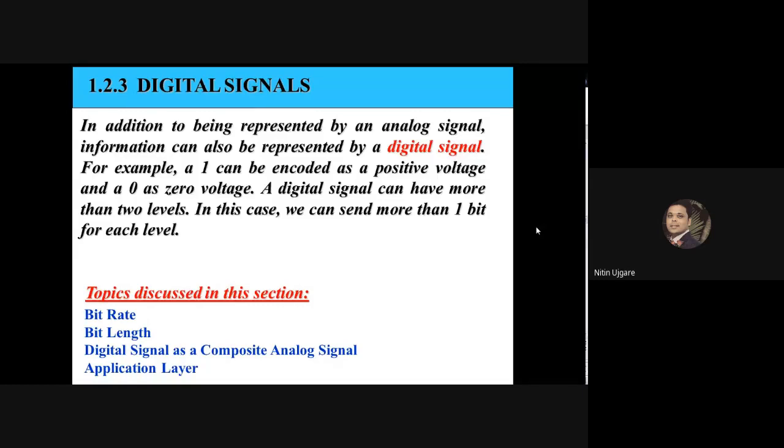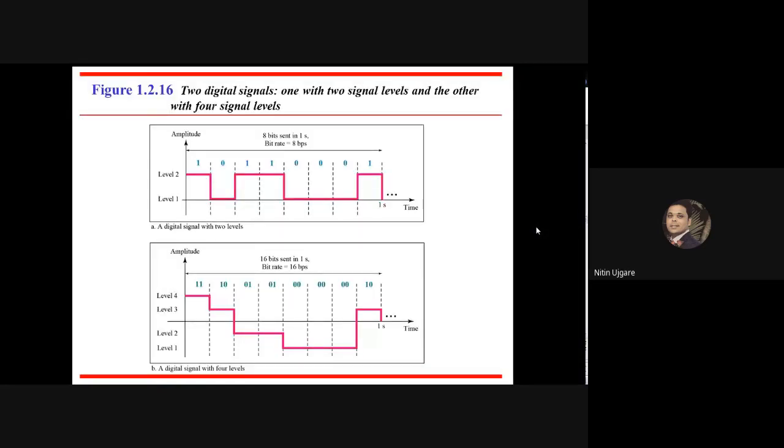As part of digital signal, we'll discuss the bit rate, bandwidth, bit length, digital signal as a composite analog signal, and then the applications of digital signals.